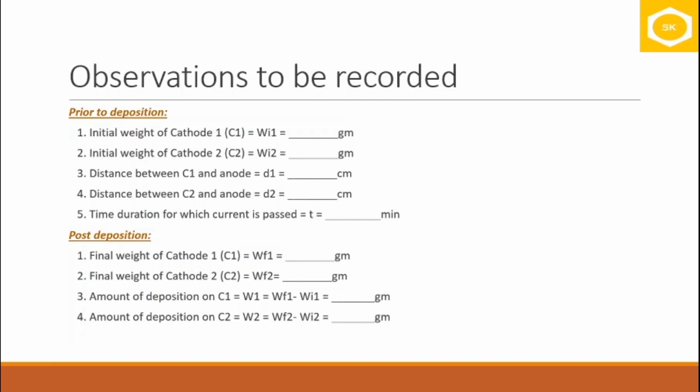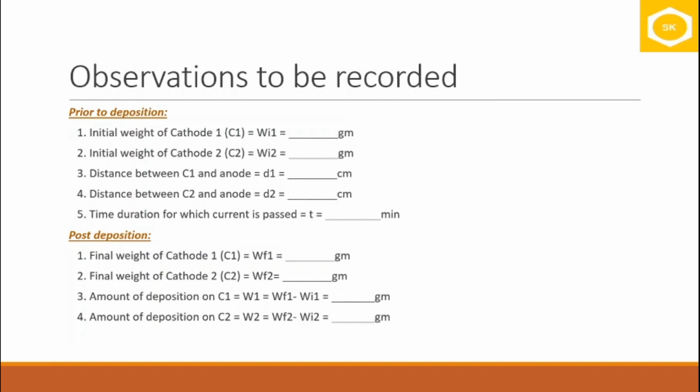So prior to deposition, you will be measuring initial weight of cathode 1, initial weight of cathode 2, then you are going to fix them in the equipment setup and measure the distance between cathode 1 and anode, distance between cathode 2 and anode, and you will also be recording for what period of time you will be passing the current through the solution.